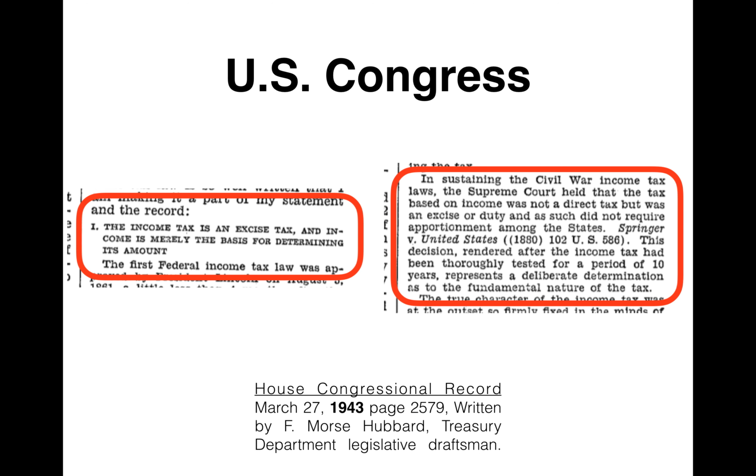Additionally, I'd like to refer you to the House Congressional Record from March 27th, 1943, in which the Congress stated that before the 16th Amendment, it was an excise tax, and that indeed it was the fundamental nature of that tax.